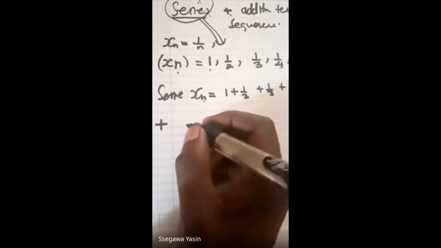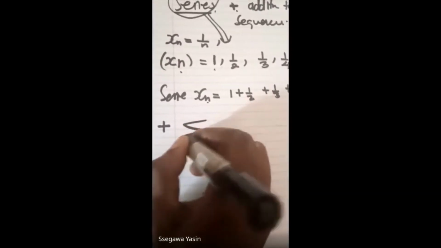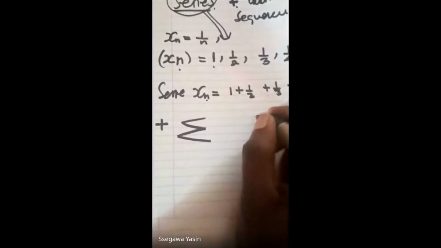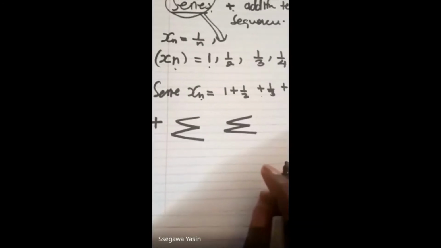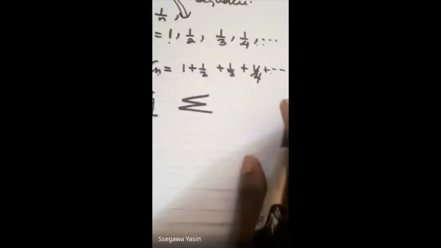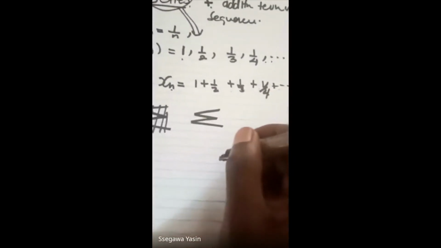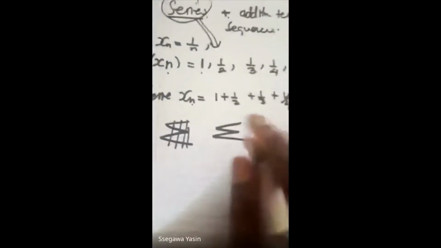there is what we call the summation sign. This is what we call the summation sign. Just written simply like that. Now, I have to clearly explain to you what it means.